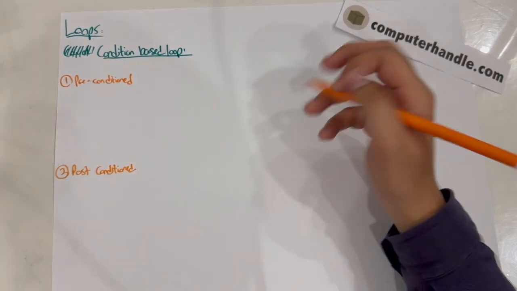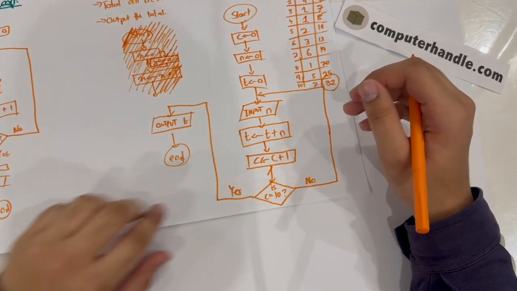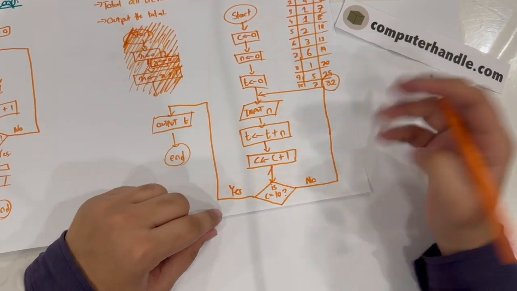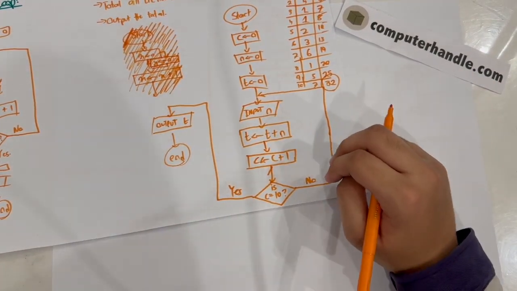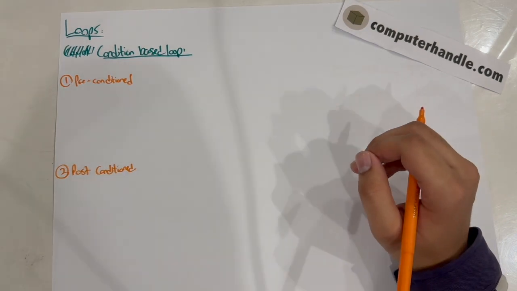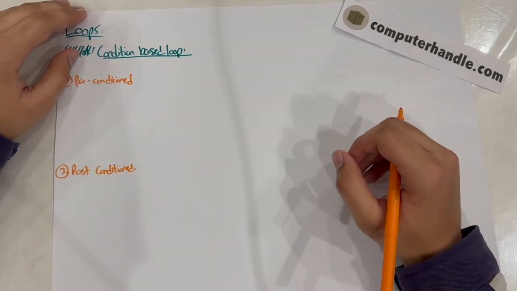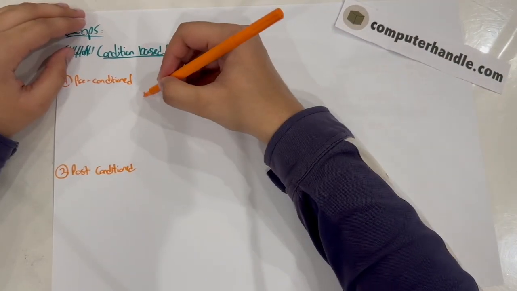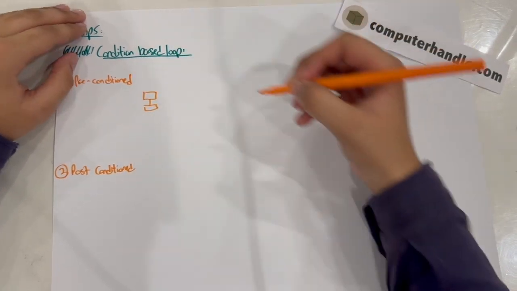Now you might be thinking, what do we mean by a preconditioned and a post-conditioned loop? Well, it really depends on where you place the condition relative to the processes of the flowchart. Let's assume that here we have our multiple processes.